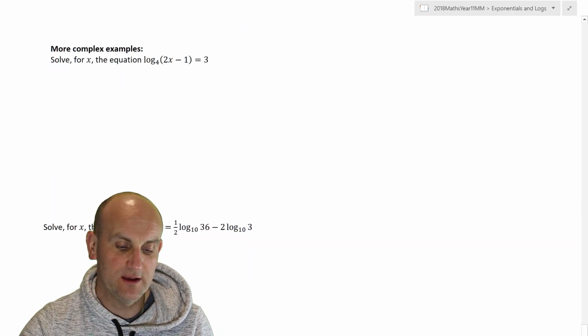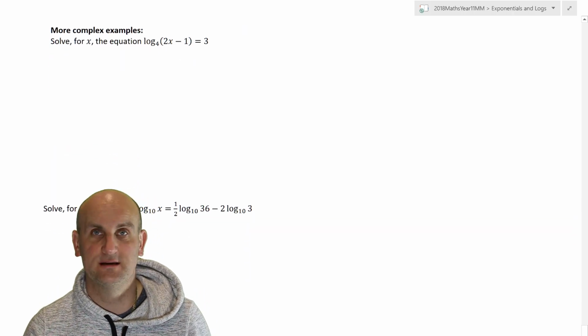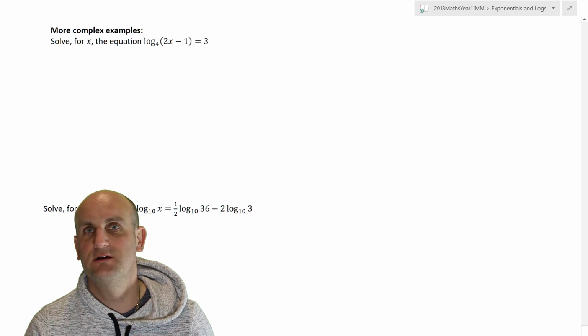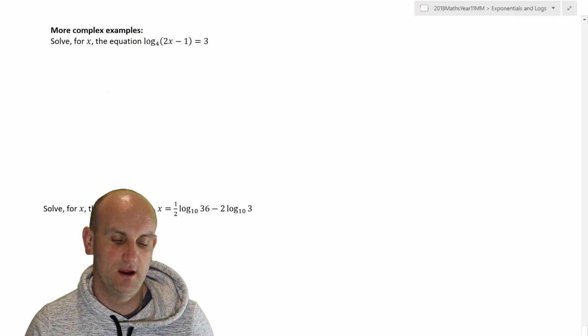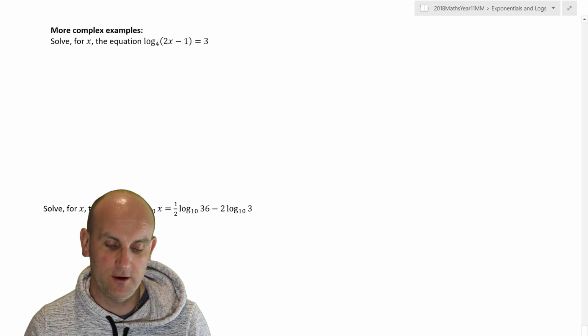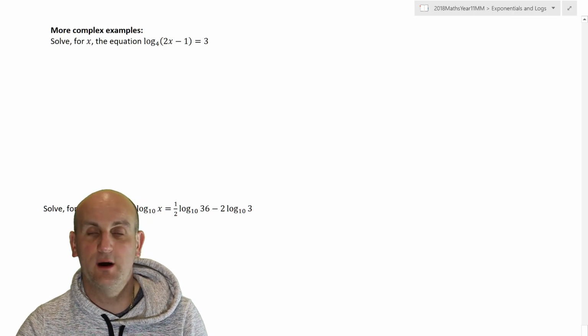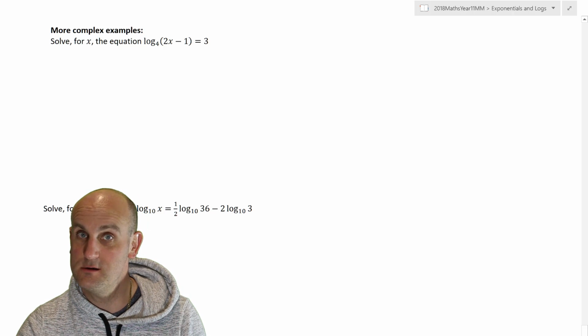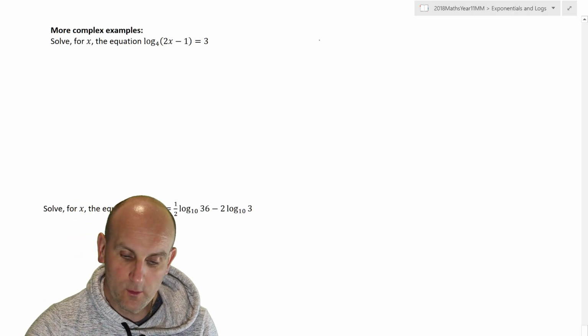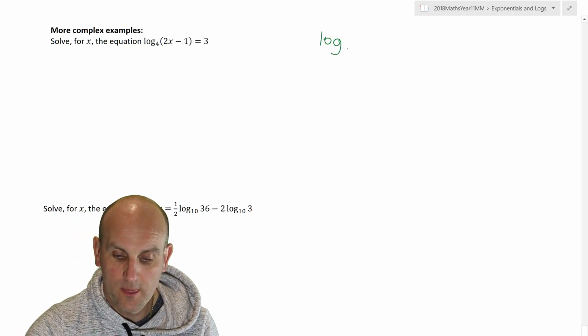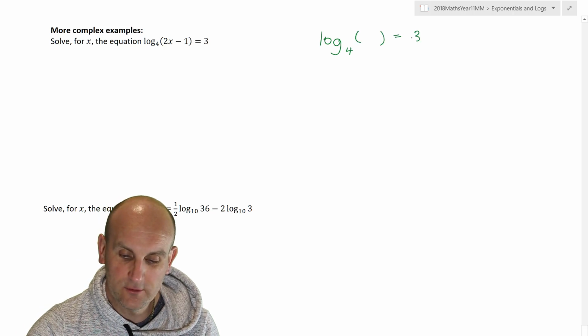So using this, we can go into more complex examples. I'm going to show you these just as fillers to know how questions can try and trick you. So we have log base 4 of (2x minus 1) equals 3. Now remember, the log of the base of this is equal to 3.